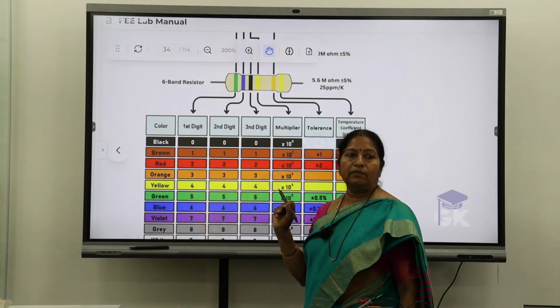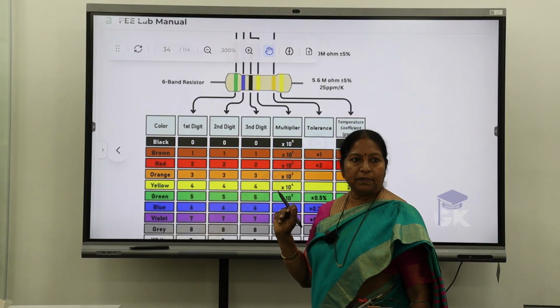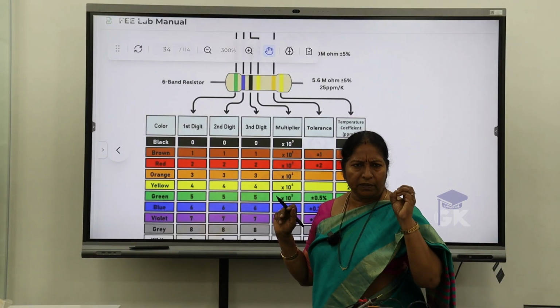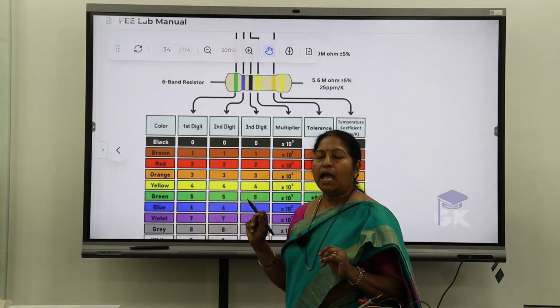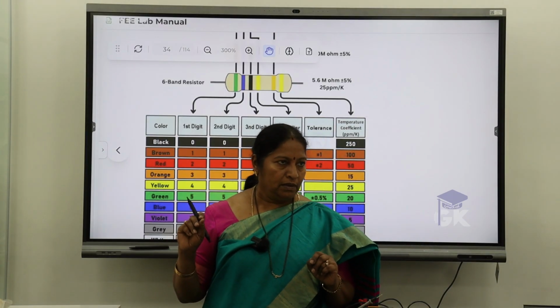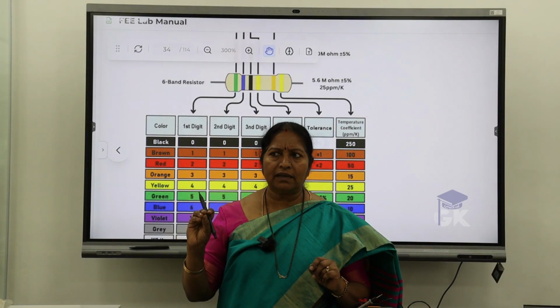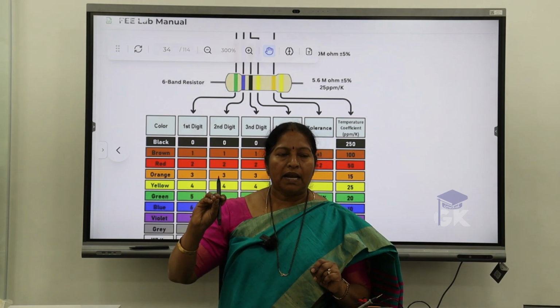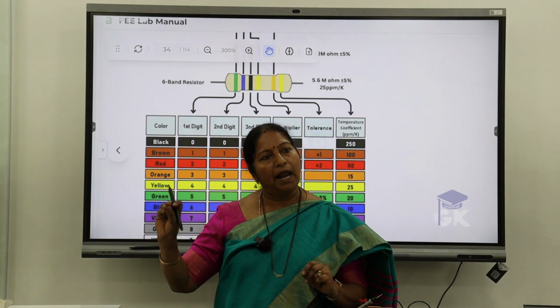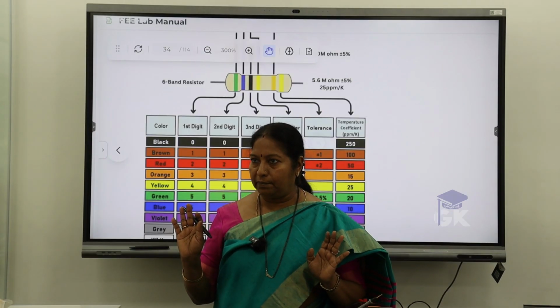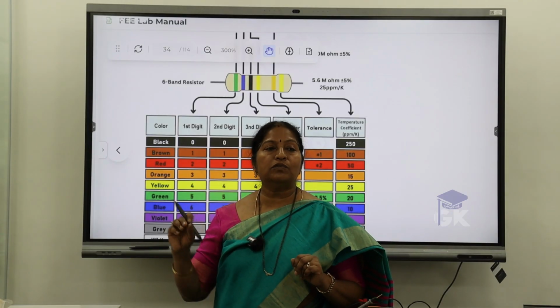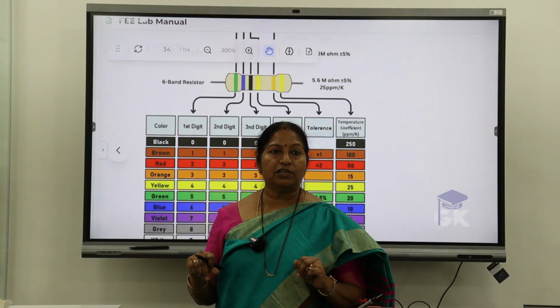Those things we use for R&D purposes, where we want a very precise resistor value. For example, if I want 100 ohms, I want the value to change only maybe between 99.5 and 100.5. That's the tolerance I want, not more than that. So there I use that. What is the temperature coefficient?